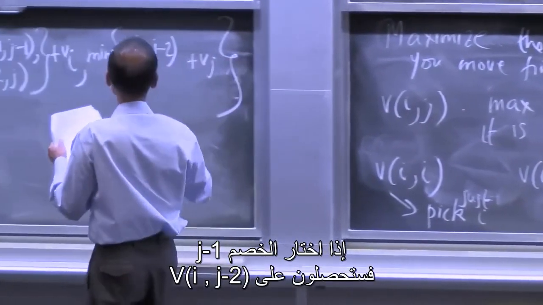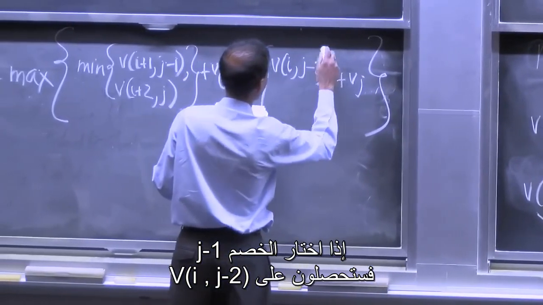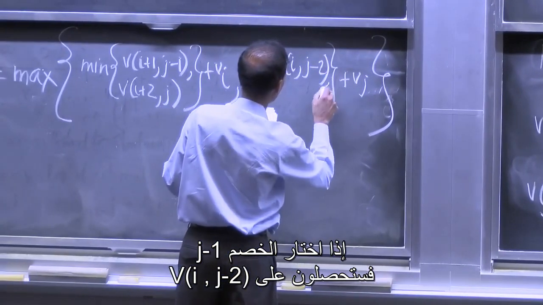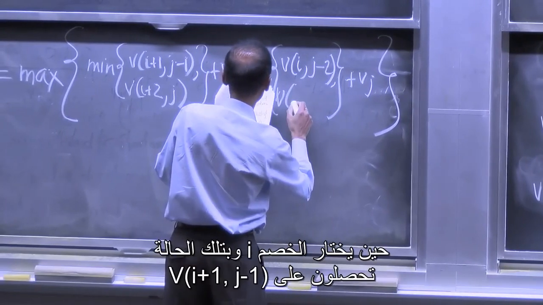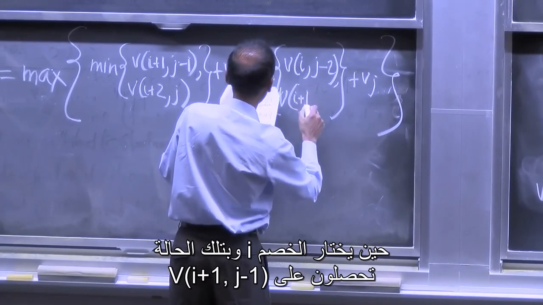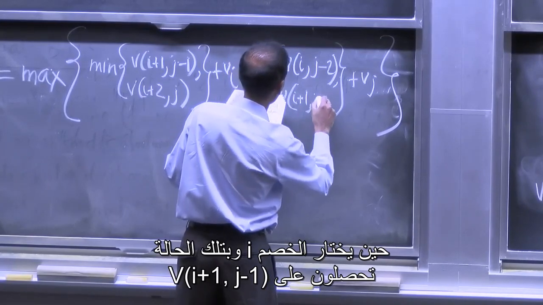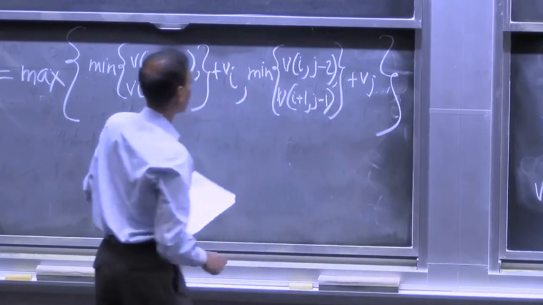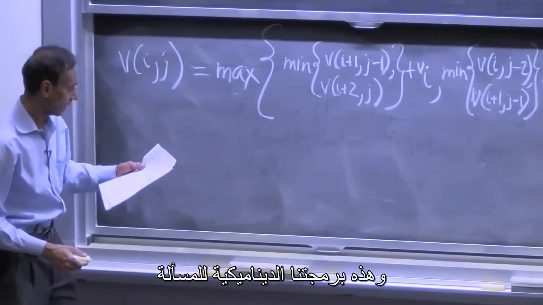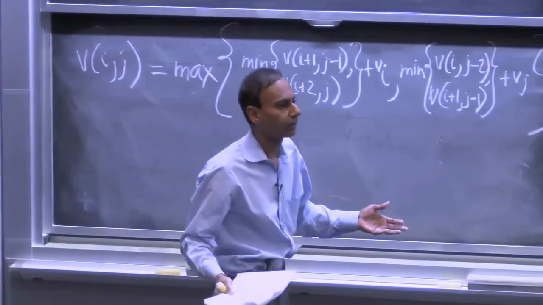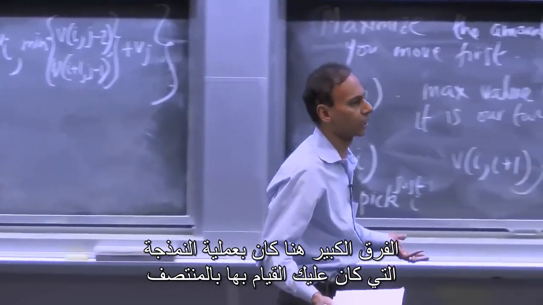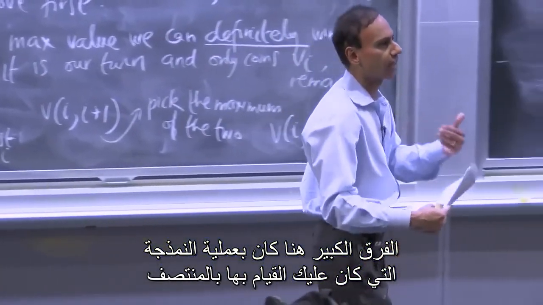If the opponent picks the (j-1)th, you get V(i, j-2), and you need to take the min of that and the other case where the opponent picks i, in which case you get V(i+1, j-1). Okay? And that's our DP. That's our DP.